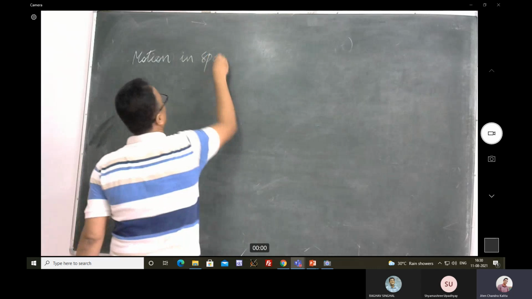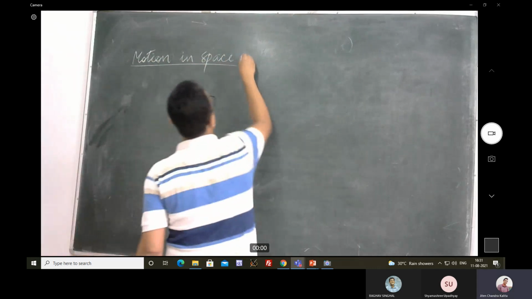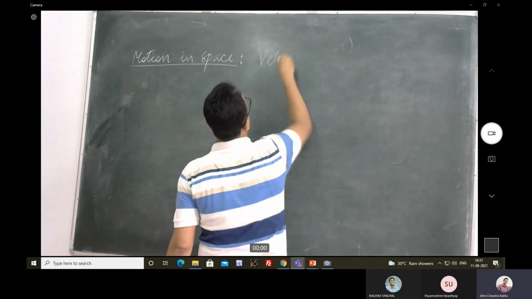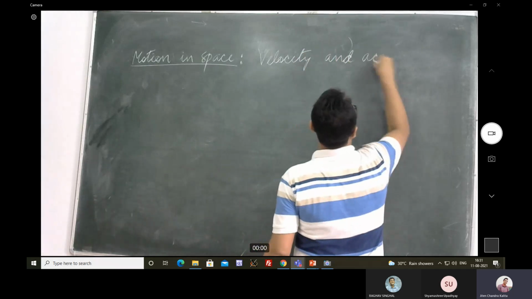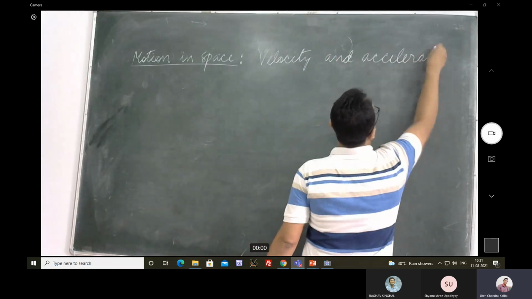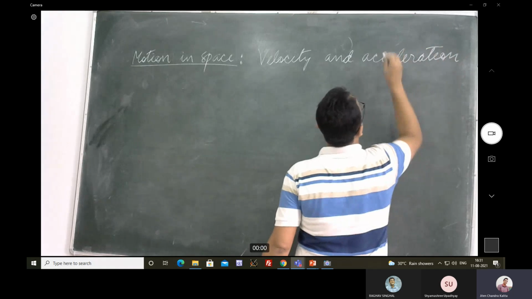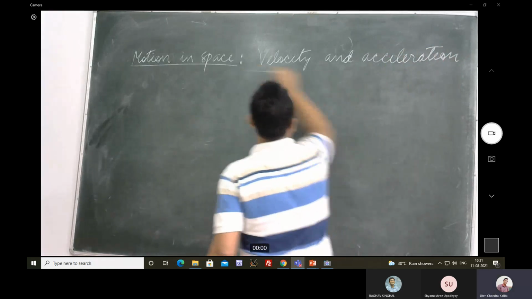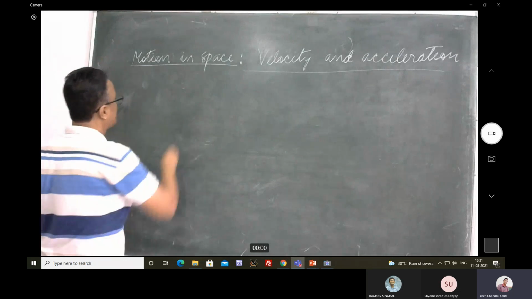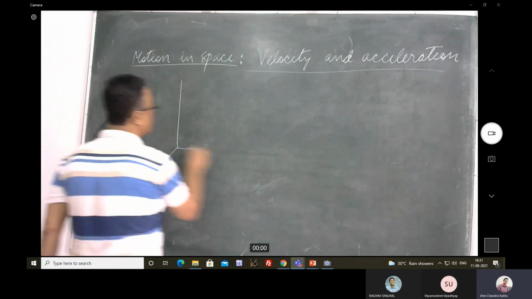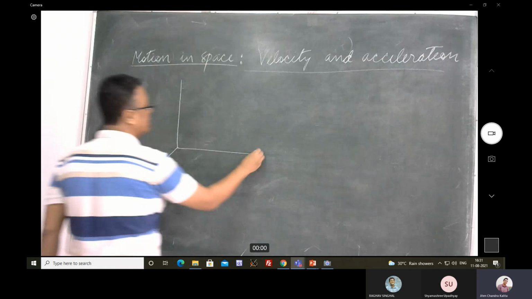Now, another important concept: motion in space. Basically, we are going to talk about velocity and acceleration. Here again, in terms of derivatives, we will try to find out something.